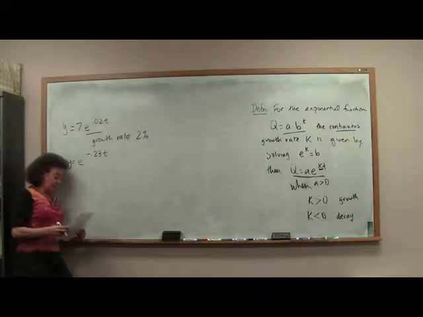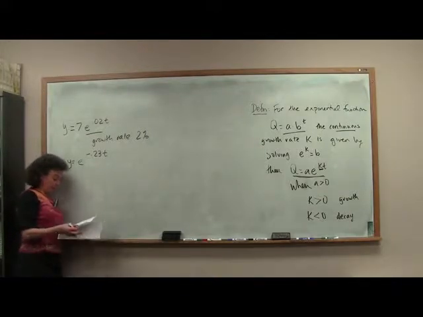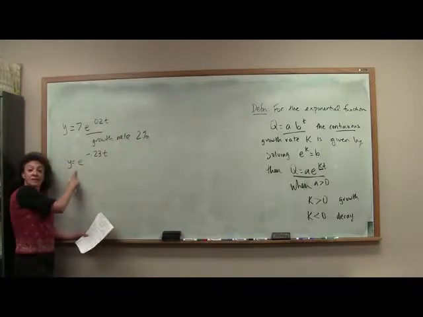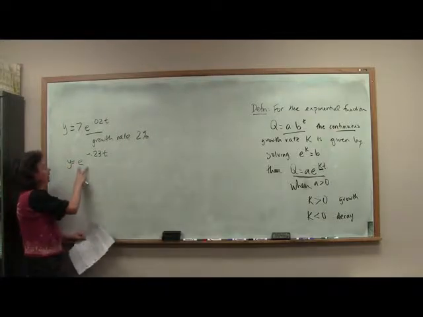Now, I can ask you a few different questions here. One question I can ask you, for example, is what's our initial quantity? Remember, that's still the number in front, so that's going to still be the number 1.